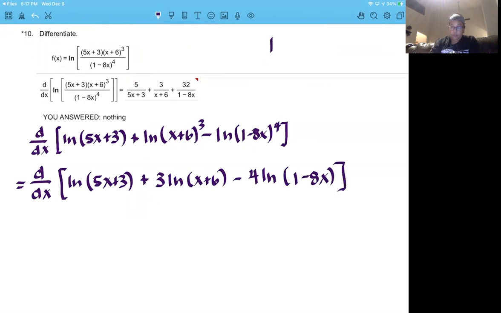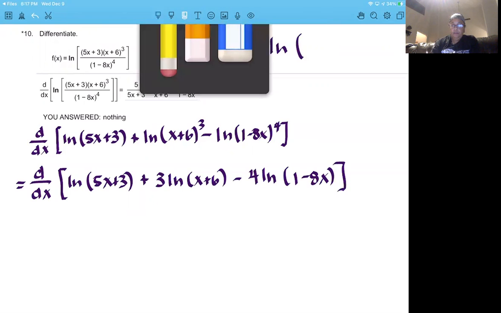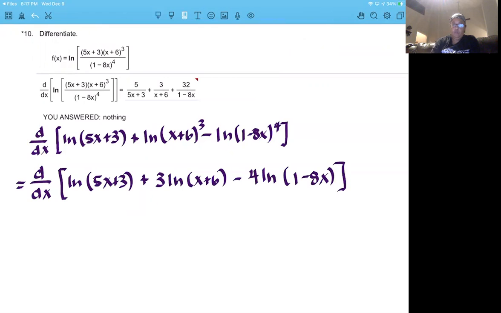All right, now use that if I'm taking the derivative of the natural log of u, it's the derivative of the inside over the inside.